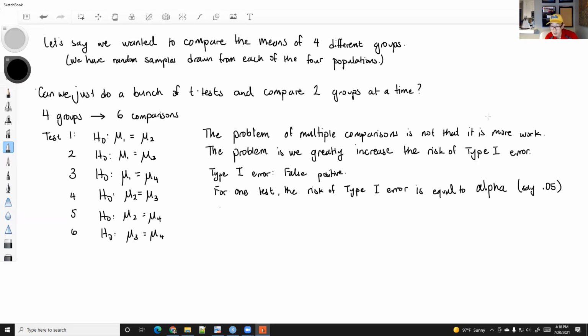So for one test, the risk of type 1 error is alpha. If you do a whole bunch of tests, your risk of type 1 error is much greater.